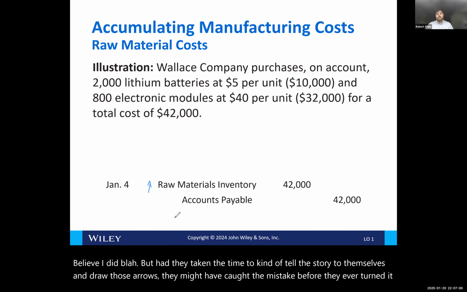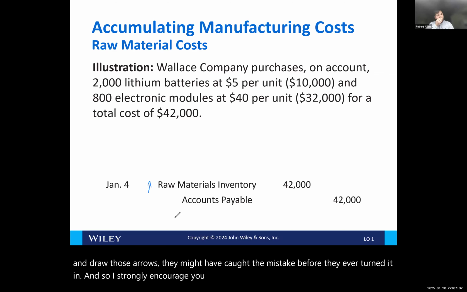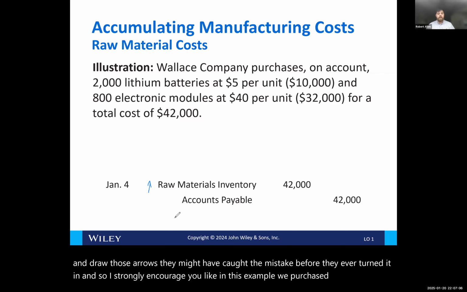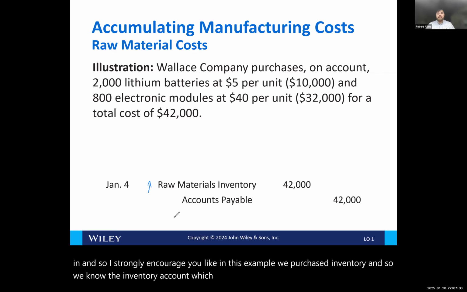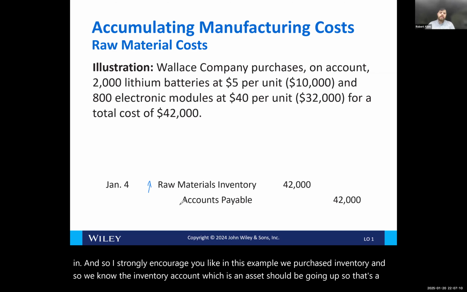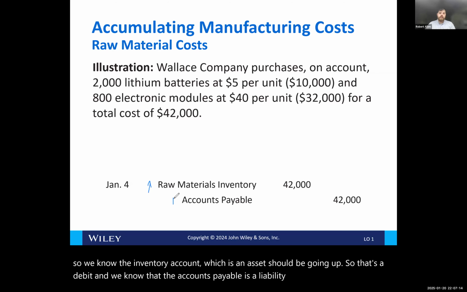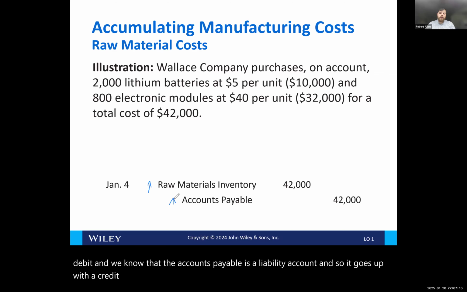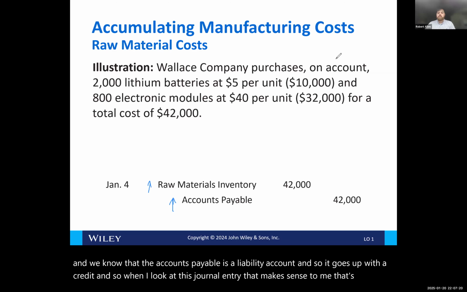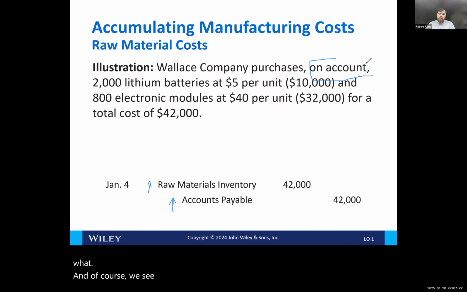And so I strongly encourage you, like in this example, we purchased inventory. And so we know the inventory account, which is an asset, should be going up. So that's a debit. And we know that accounts payable is a liability account, and so it goes up with a credit. And so when I look at this journal entry, that makes sense to me. That's what happened. And of course, we see the key words here, on account.